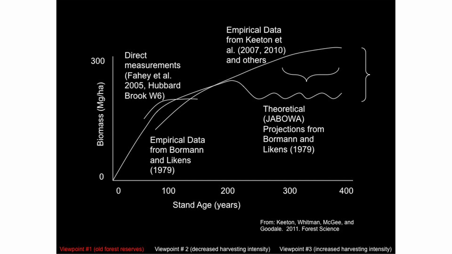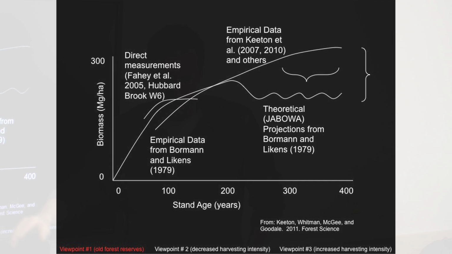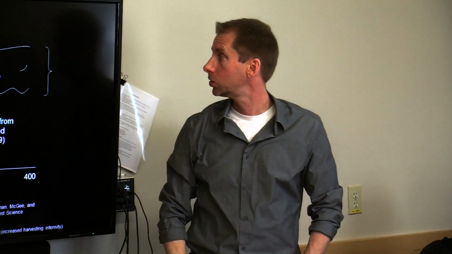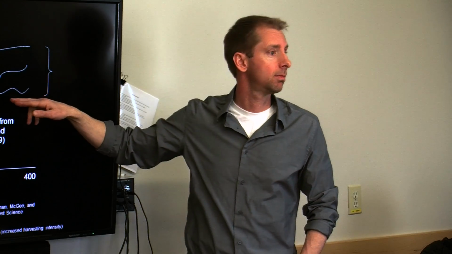Okay, so we can now revisit that using Tom Siccama and Tim Fahey's data that suggests, well, actually, in some cases there might be earlier declines than expected, but then in others, using our data from the Adirondacks and elsewhere, there might be the potential both for biomass accumulation of greater magnitude and of longer duration than this model might suggest.